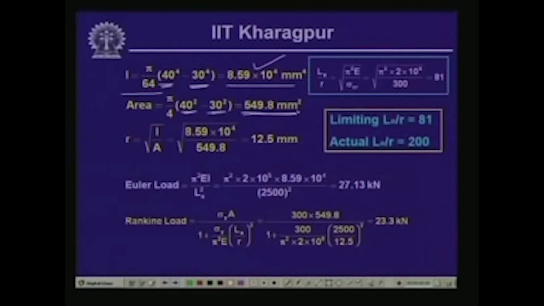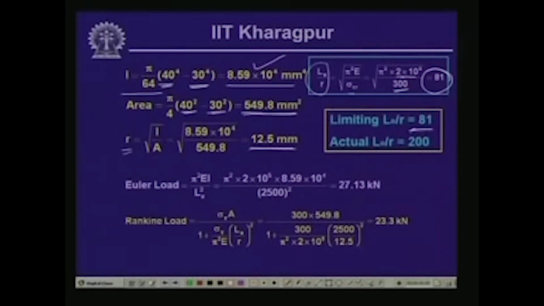Now, if we compute the radius of gyration r, which is equal to root of I by A, this gives us a value of 12.5 millimeter. Now, if we compute the limiting value of L E by R, which is equal to root of pi square E by sigma CR, the critical stress, where the yield stress given is 300 megapascal and E is 200 gigapascal or 2 into 10 to the power 5 megapascal, this gives us a value of L by R as 81.